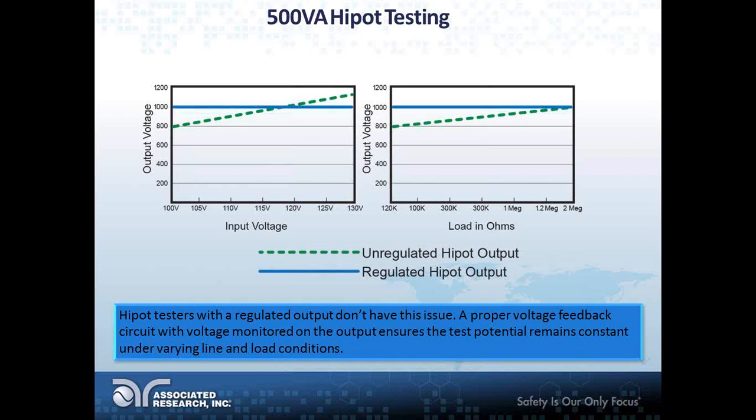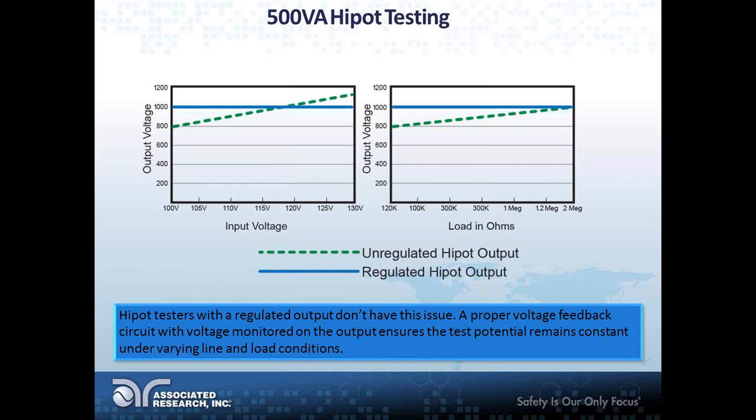On the other hand, a regulated Hipot output is what basically maintains the output regardless of the changes on the input side. So Hipot testers with a regulated output don't have this issue. A proper feedback circuit is used with voltage monitored on the output, which ensures that the test being performed remains at a constant potential under varying line and load conditions.